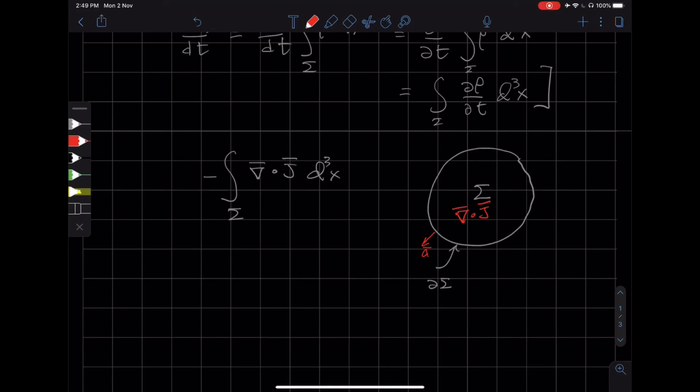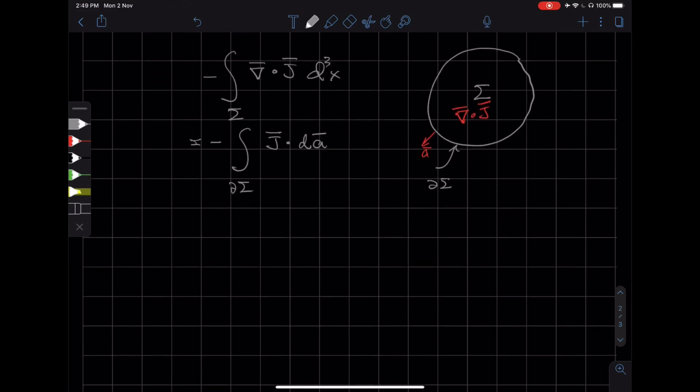So by Gauss's divergence theorem, we can write this as minus a two-dimensional integral over the boundary of all space, sigma, and the j vector dotted with the area vector. So this is the right-hand side.